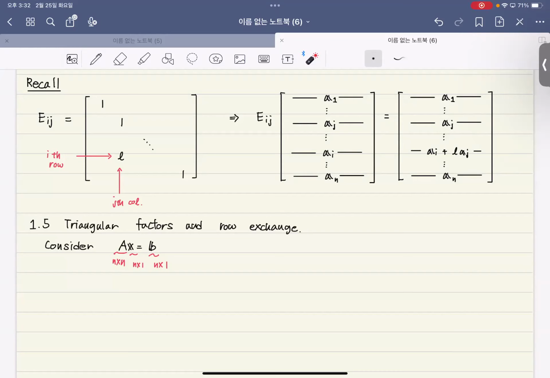Being able to solve any given system of linear equations is equivalent to solving this matrix equation for X. So if you can solve this matrix equation for X, that is mathematically equivalent to solving the given system of linear equations.